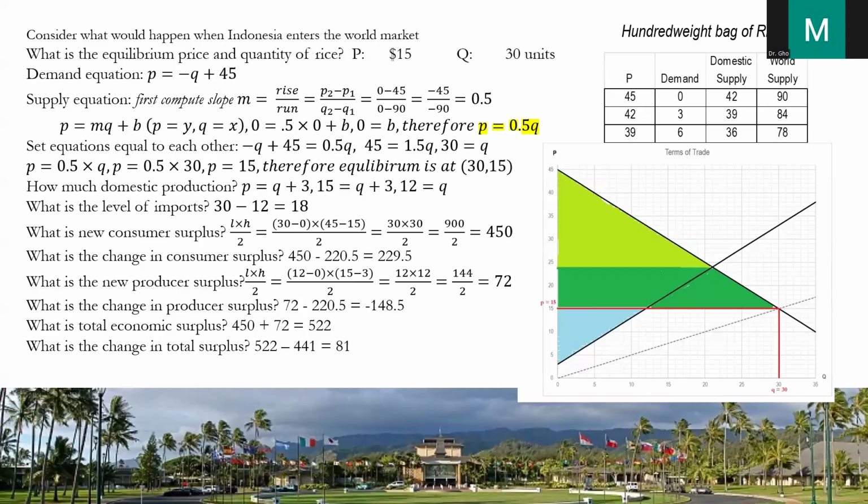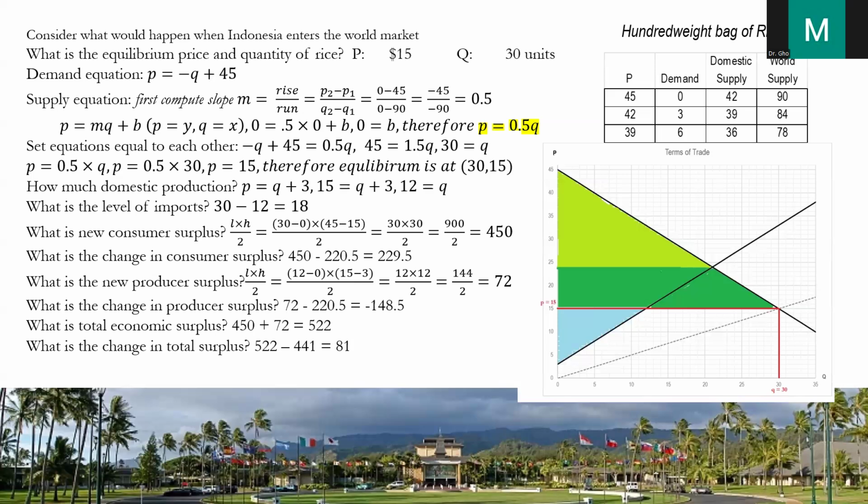What's the new producer surplus? Well, producers are selling 12 units, so the width of the triangle is 12. What's the height? 15 minus 3, which is 12. So 12 times 12 is 144.